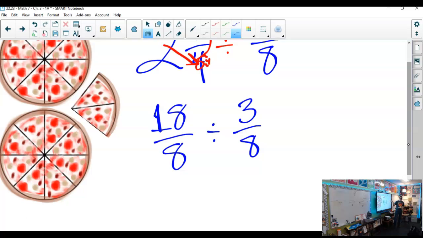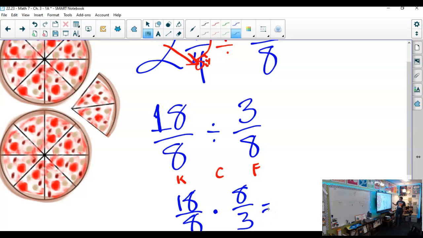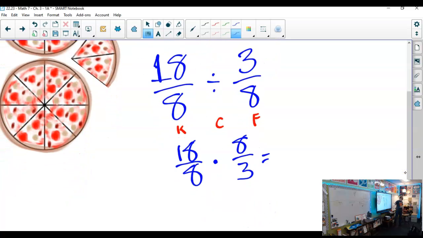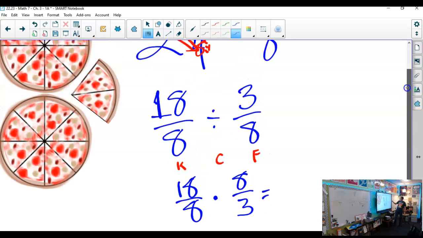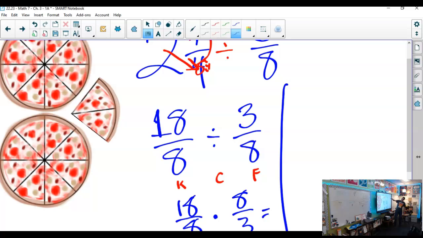Fraction divided by fraction, I'm going to... Yeah, keep change flip. 18 8ths times... Hey, so if I multiply through, my numbers are bigger than yours because your work probably actually has 9/4, then times 8/3.